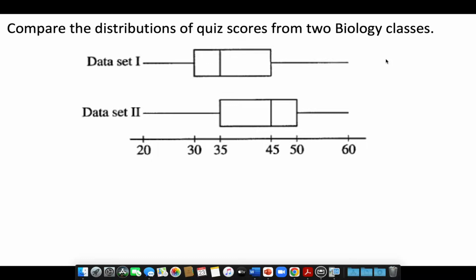That's where the taller bars are going to be, around 30, 35. Let's do the axis as 30, 40, 50, 60. So right here, the tallest bars are going to be.